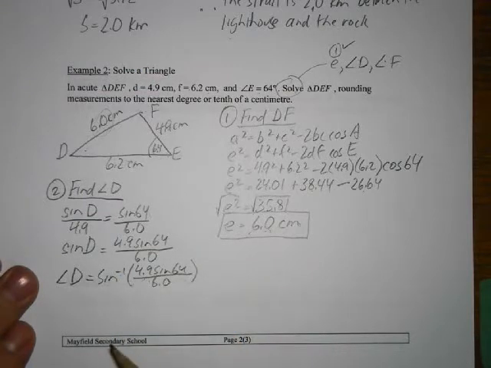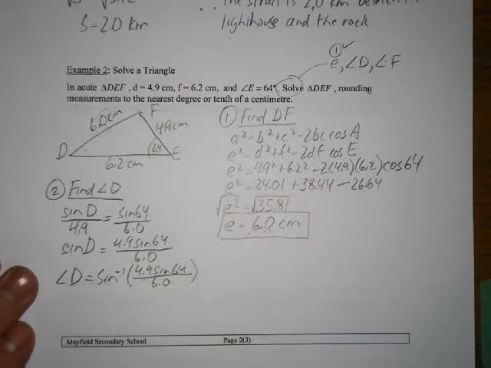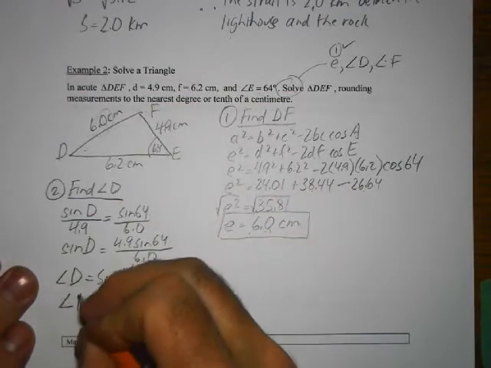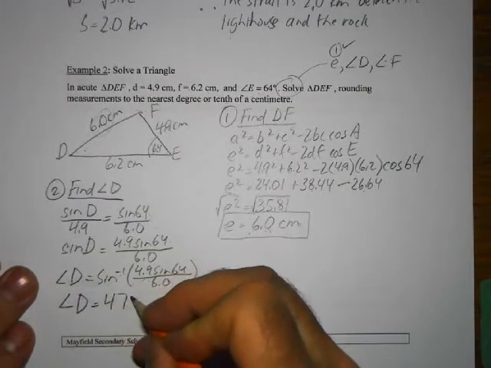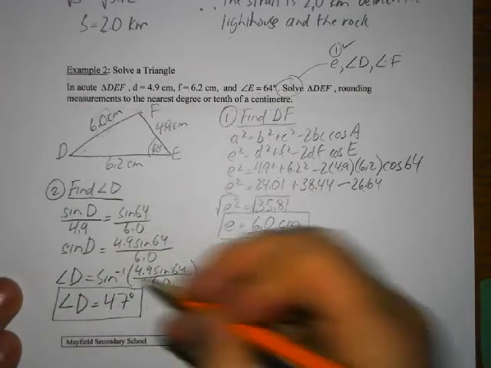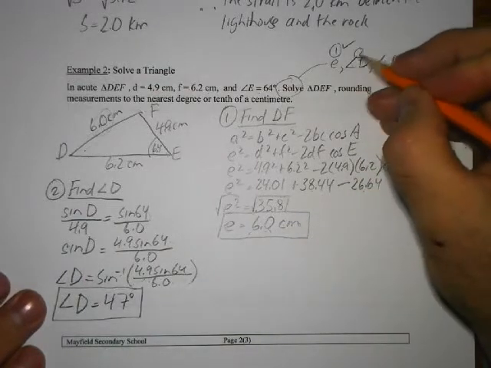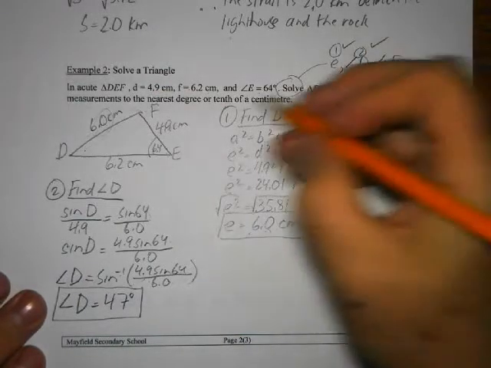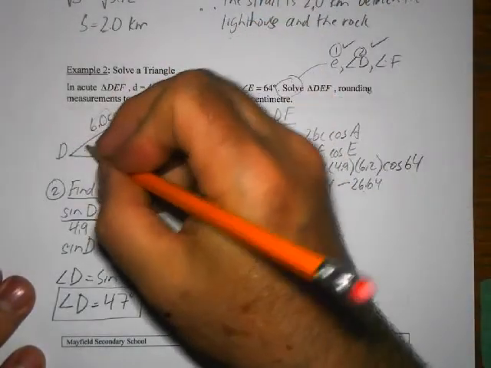Okay, I don't want people rounding here, here, here, because then the answer gets a little bit off. So when I do that in the calculator, I get it rounds to 47 degrees. There's my second piece of information from the triangle. So I've got that. I go back up here. Angle D is 47.